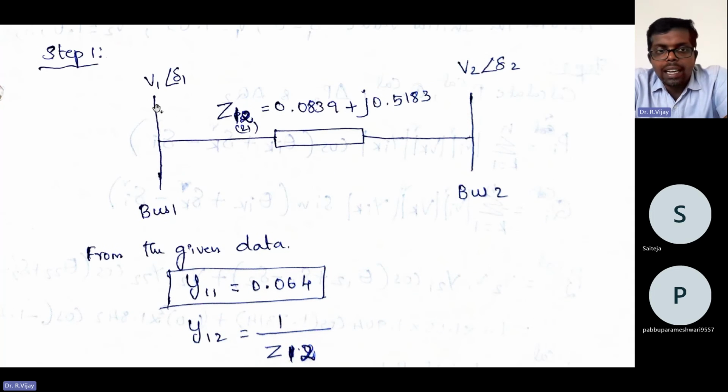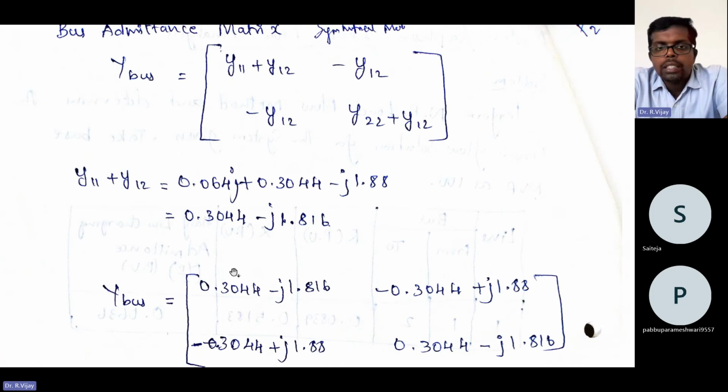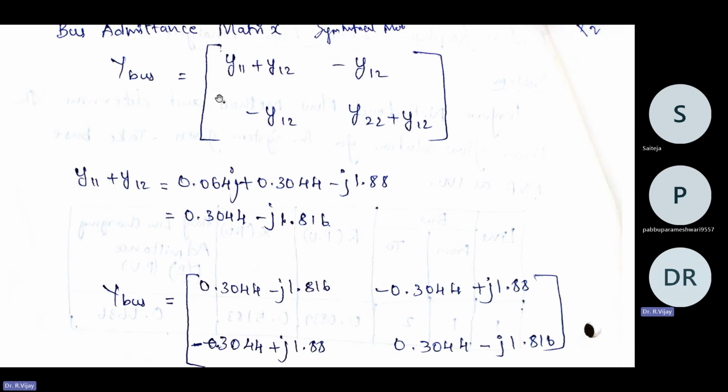Because here line charging admittance is there, and here the other admittance is also there, so you need to add both. If you add, you will get the answer like 0.3044 minus j into 1.816. So directly you can write this Y11 value in generalized form, that is Y11 plus Y12.